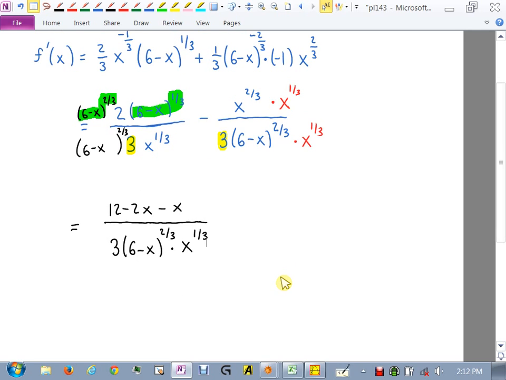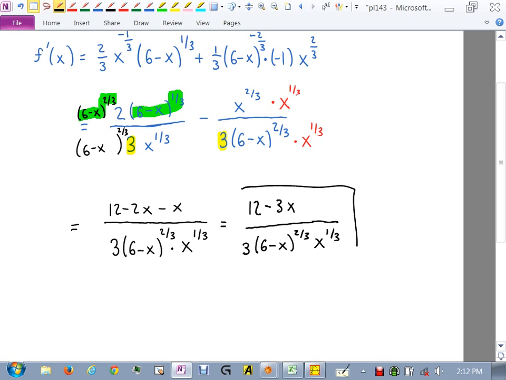I can clean it up just a little bit. 12 minus 3x over all this stuff. Oh, we could have canceled a 3. Could have pulled out a factor of 3, couldn't we? But I won't. Are there any questions on how I got to this?